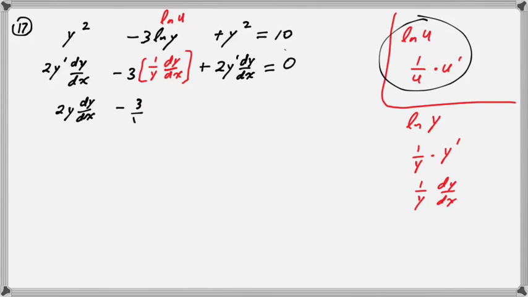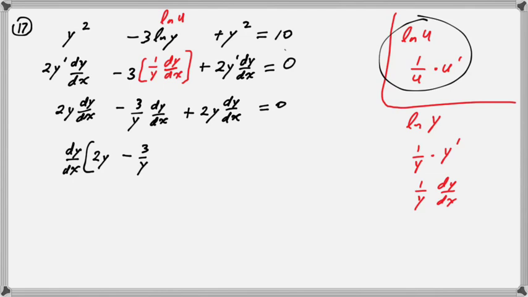So this is minus 3 over y dy dx plus 2y dy dx equals 0. Are there any terms that do not contain a dy dx? No. So I'm going to factor dy dx out of all three of these, leaving 2y minus 3 over y.